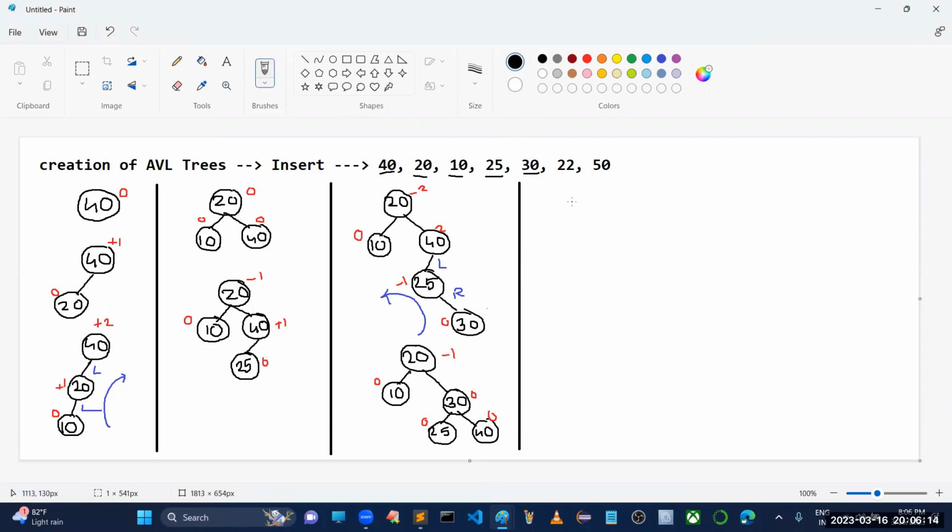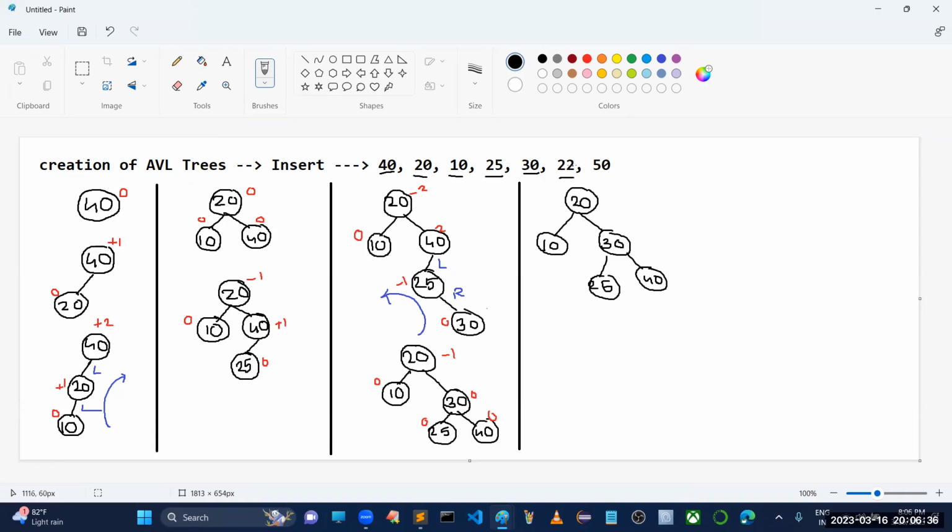Sir, next, which node do we have to insert? 22. Okay, 22. So 20 is the main tree. For this, 10 is the left subtree, and the right subtree is 30. For the right subtree, 40 is the right subtree and 25 is the left subtree.